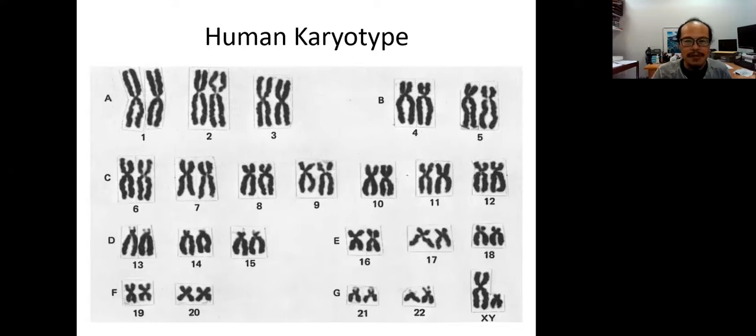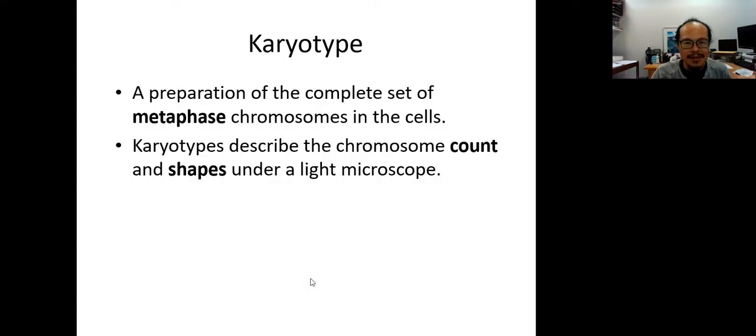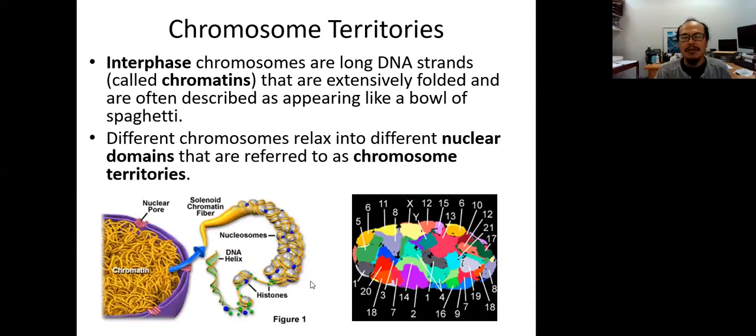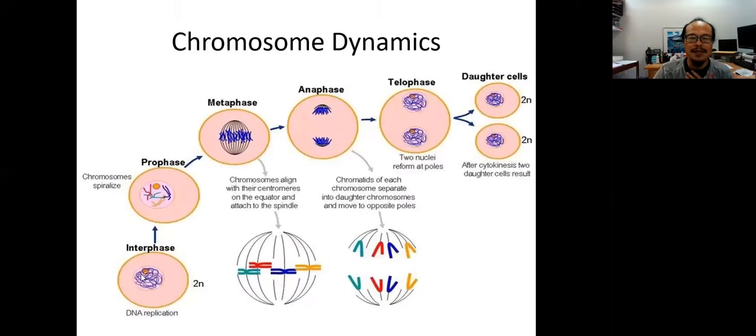So let's go back a little bit. There's one more slide I did not explain. This one. When the cells are in the interphase, these are not packed. They are formed like a string, folded kind of randomly, but not exactly randomly. They are still regularly folded, and we call them chromatin.